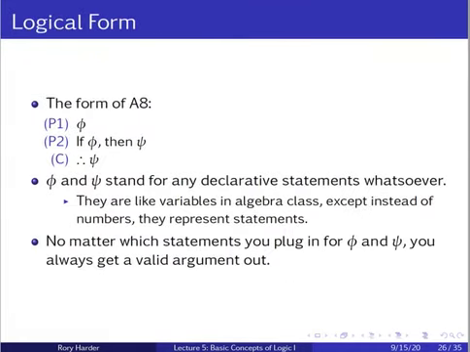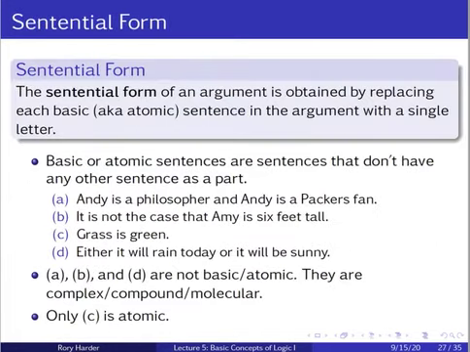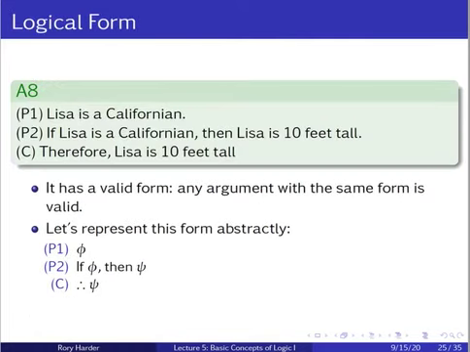So a scheme like we have here represents the sentential form of an argument. Now, in general, the sentential form of an argument is obtained by replacing each basic or atomic sentence in the argument with a single letter. If you look at what we've done here, we started with this particular argument, which included actual particular sentences, the sentences Lisa is a Californian and Lisa is 10 feet tall.